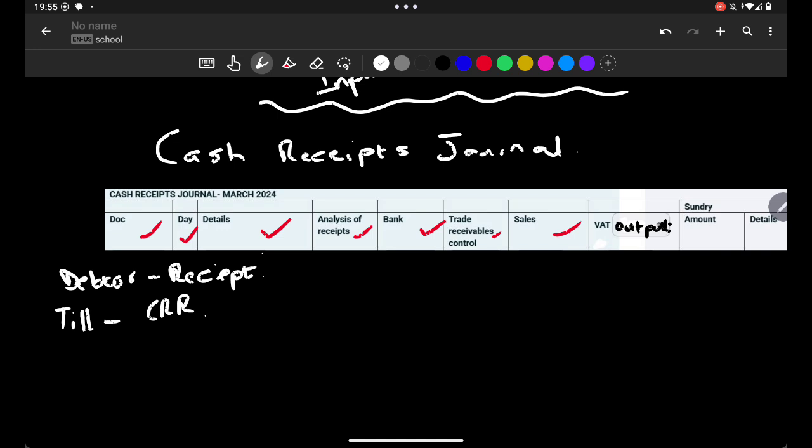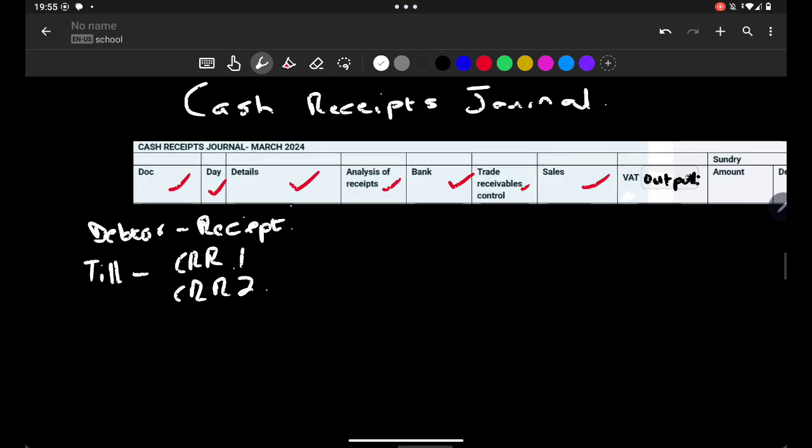So in ShopRite, each time each of us buys, then it's cash register roll 1, cash register roll 2, cash register roll 3, and so on and so forth, right? So debtors get a receipt, and the till gets a cash register roll.